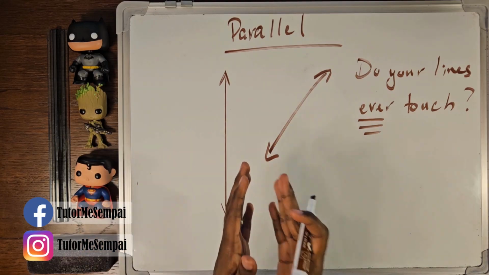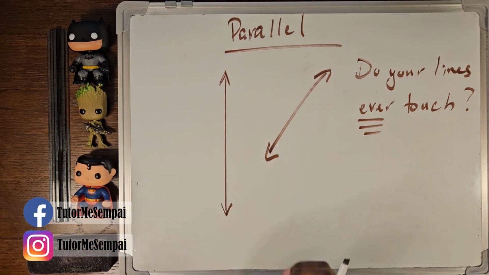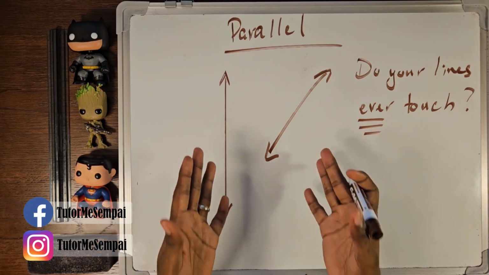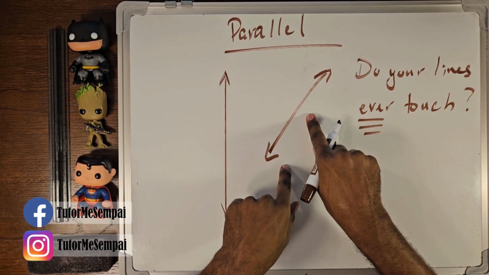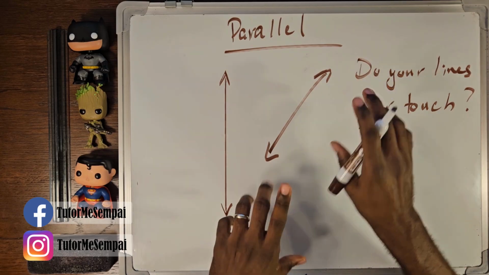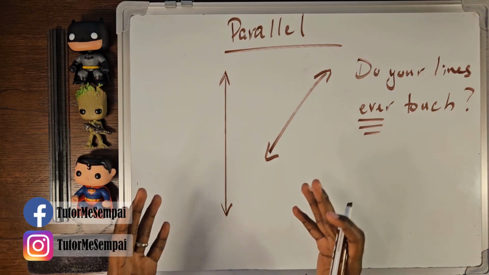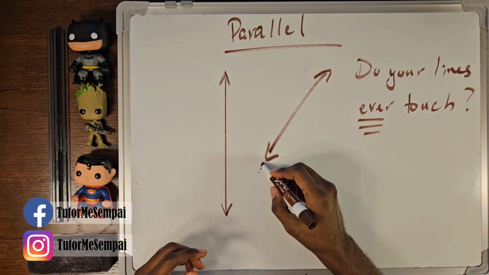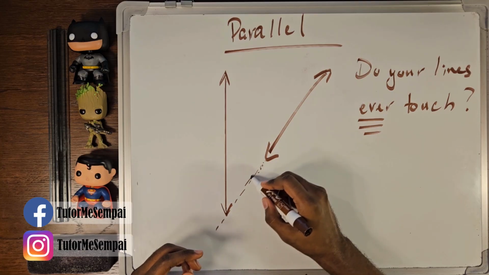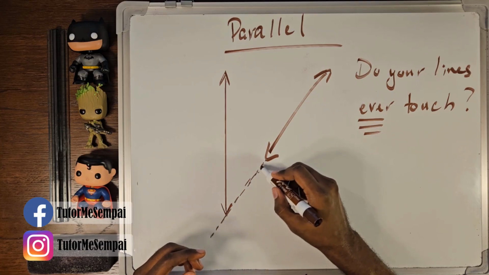Let's say I had lines like this. Do these touch? No, they're not touching right now. But if this line continues to go on and on and on in both directions like lines do, will it ever touch? Yes. In fact, if you continue this, right, this is how the line is going to go.